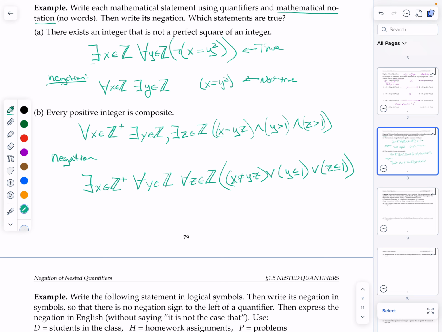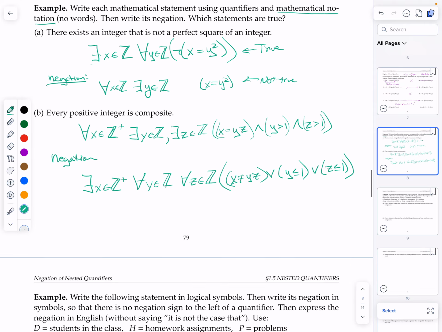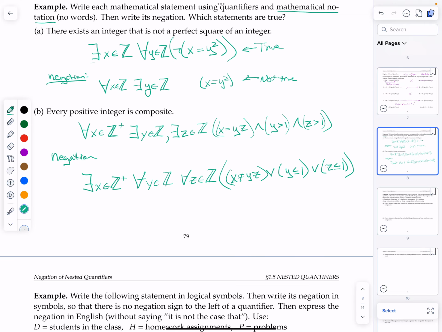Okay, that works. So the negation is that there is an integer such that for all other integers, either x is not the product of y times z, or either y or z is less than or equal to 1. So that is a true statement. So this one is not true, and this one is true.